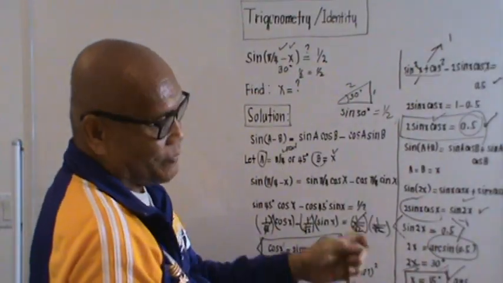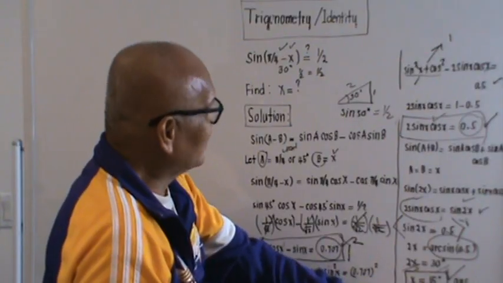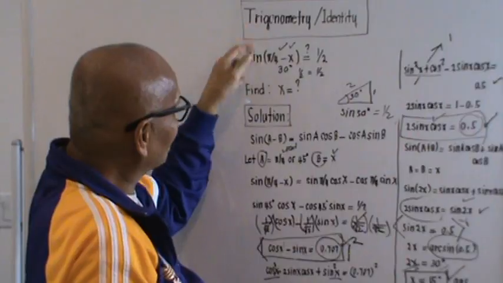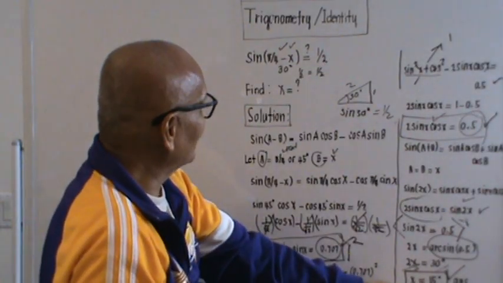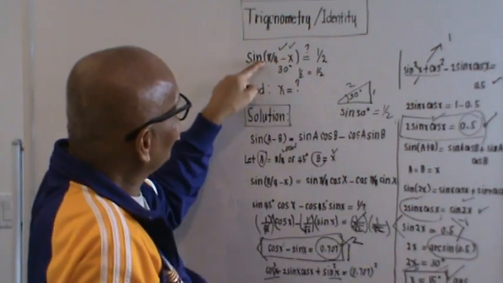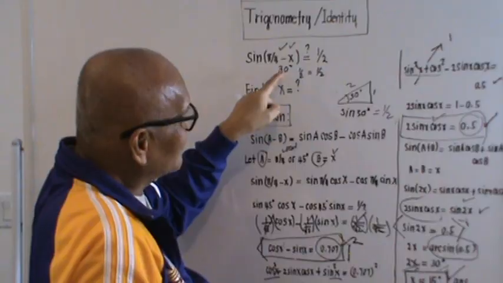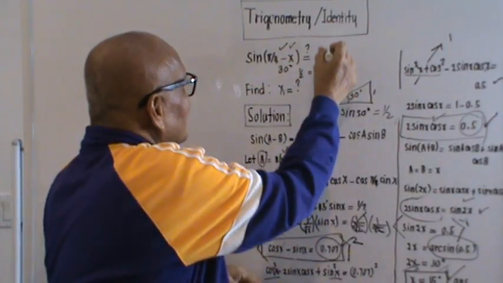So the solution of the problem in which the value of x is equal to 15 degrees, that's the one that will satisfy the given trigonometric equation, sine of the quantity pi over 4 minus x is equal to 1/2. Our answer here is 15 degrees. Because 45 minus 15 is 30 degrees, and the sine of 30 degrees is actually equal to 1/2.